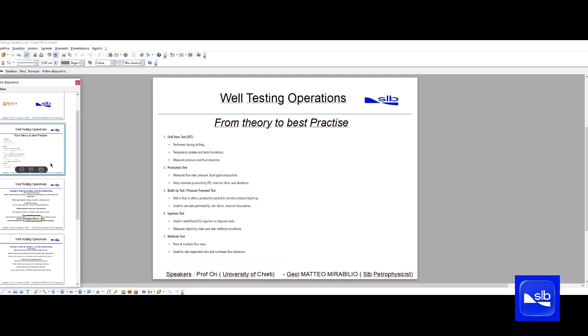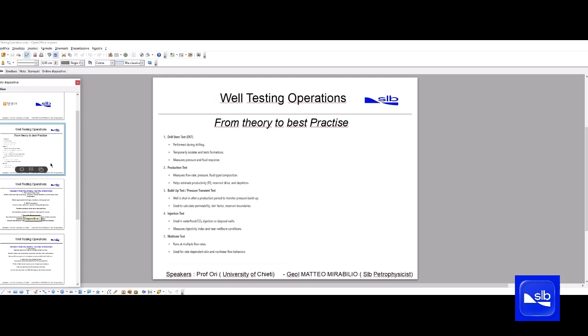Production test: measure flow rate, pressure, fluid type and composition, helping estimate productivity, reservoir drive and depletion. The well is shut in after the production period to monitor pressure buildup. The method is used to calculate permeability, skin factor and reservoir boundaries.